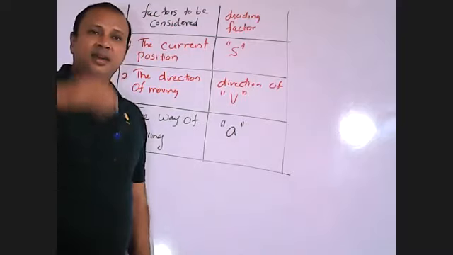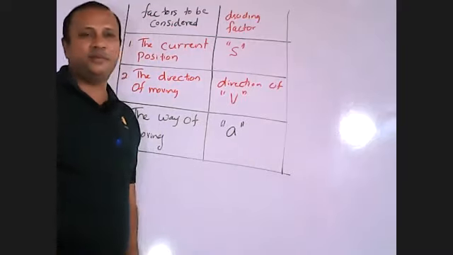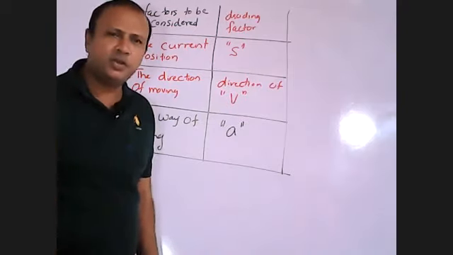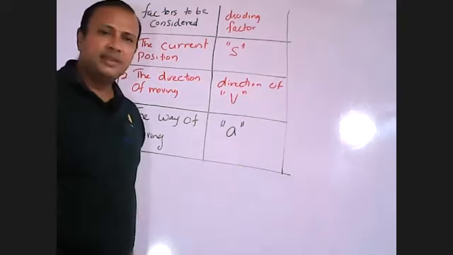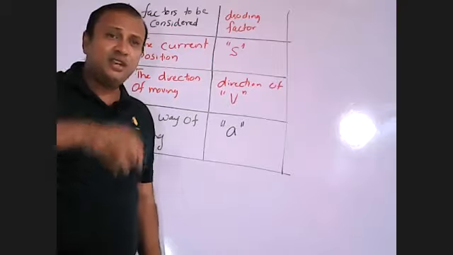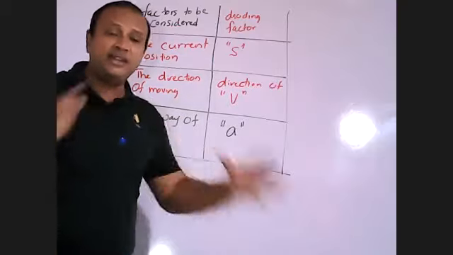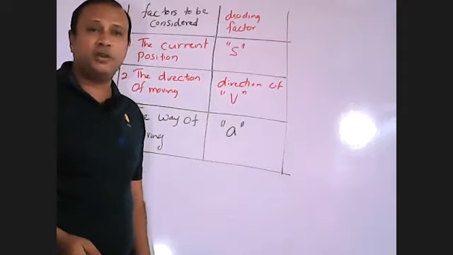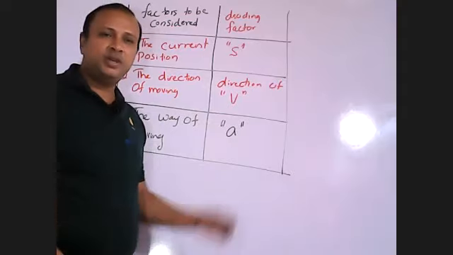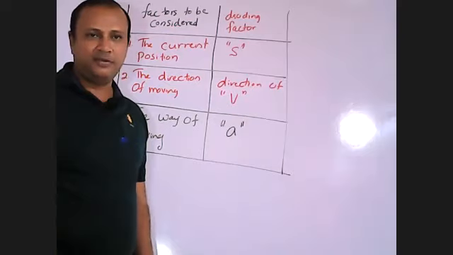If you consider a VT graph, a velocity time graph, you cannot see displacement, because it represents velocity and time. You have to fully understand how to determine the displacement and the acceleration using the velocity time graph.